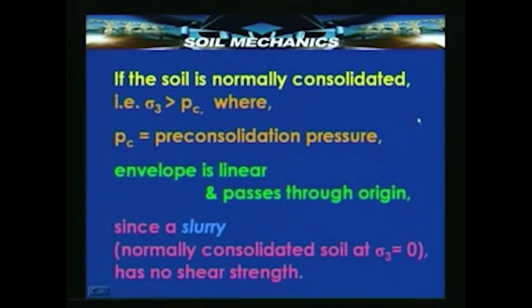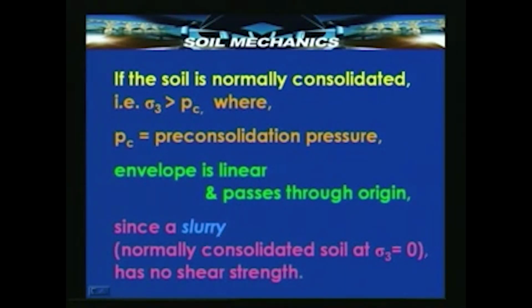So if the soil is normally consolidated, if sigma 3 is greater than Pc, where Pc is the pre-consolidation pressure, then the envelope is linear and it will pass through the origin. Now why should the drained test envelope pass through the origin? It should pass through the origin because the origin corresponds to a pressure of sigma 3 equal to 0.